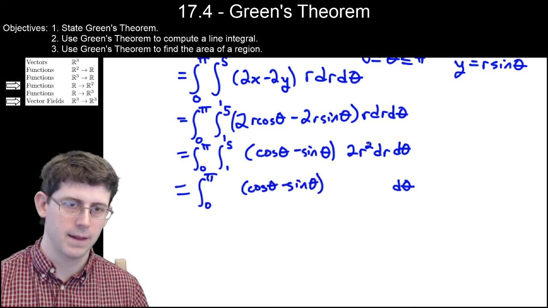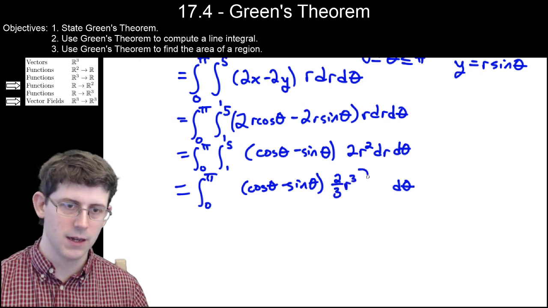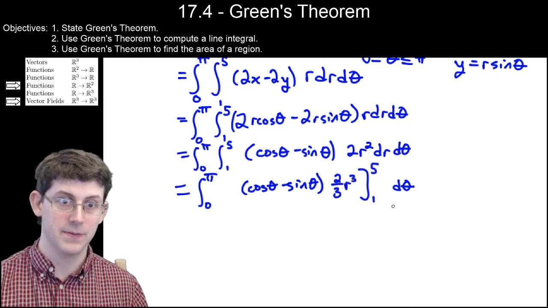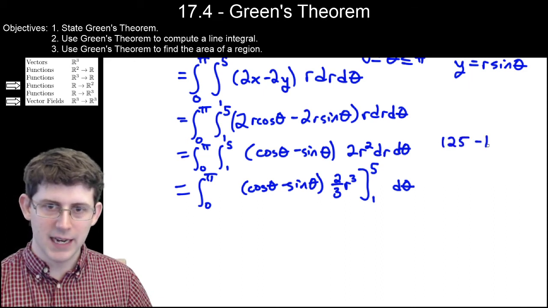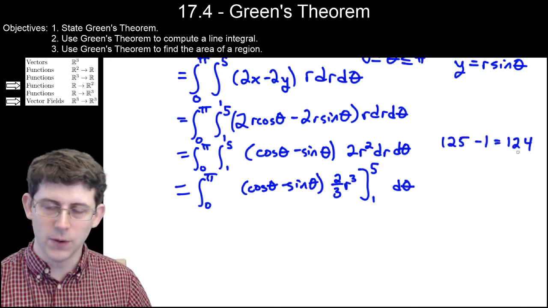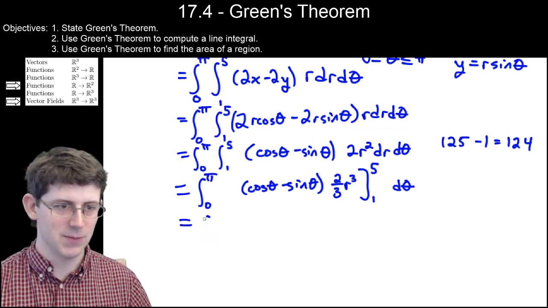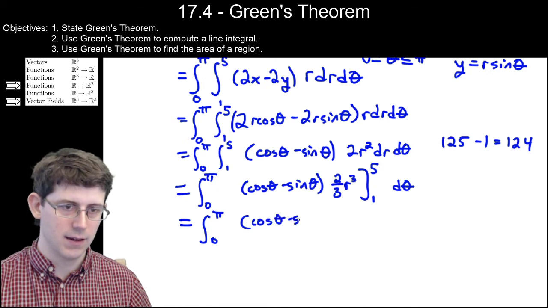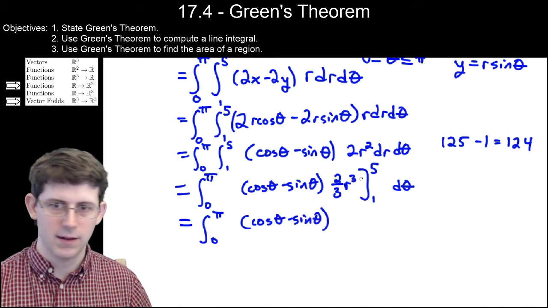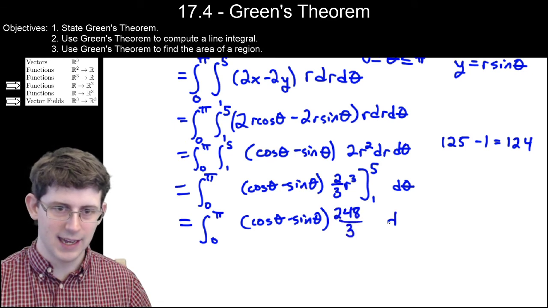Then I can do the r integral part, get 2/3 r cubed, and r goes from 1 to 5. So when I plug this in, I'll have 125 minus 1, which is 124. And 124 is not divisible by 3, so I just have some ridiculous number here. 248/3, I guess.